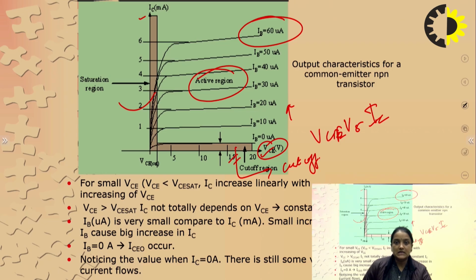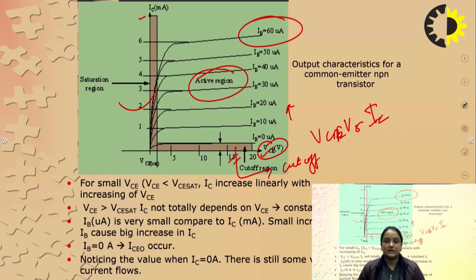Based on these junctions and their polarity, it has three modes of operation, which are the active mode, saturation mode and cutoff mode, in which we change the biasing condition and operate in that particular mode, and the resultant will be the required application. So there are three modes of operation of BJT.